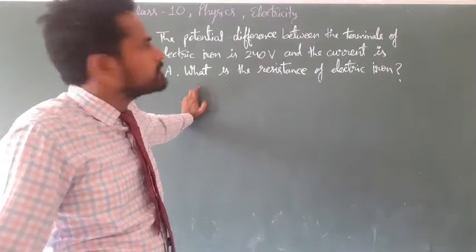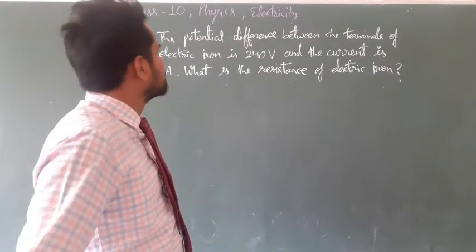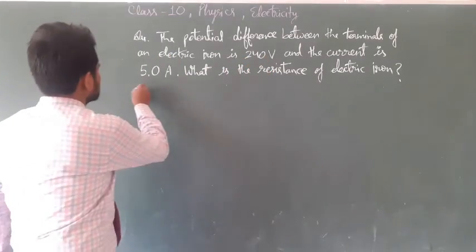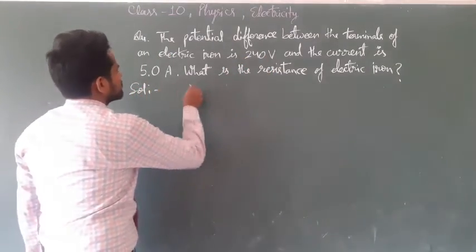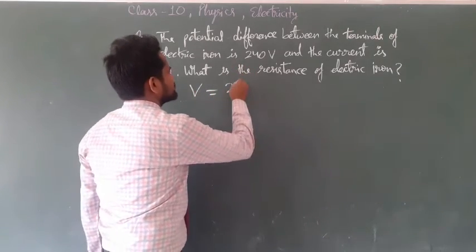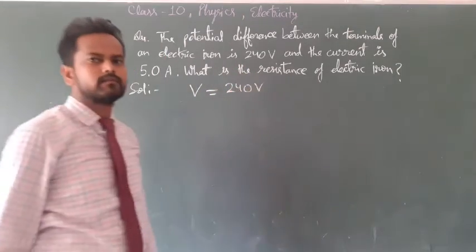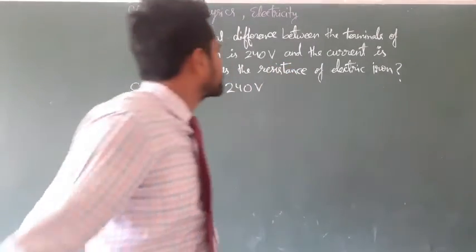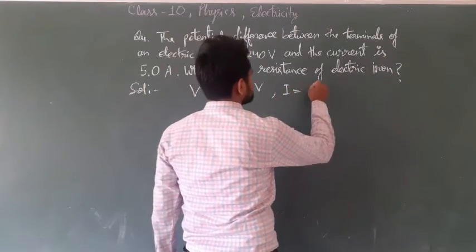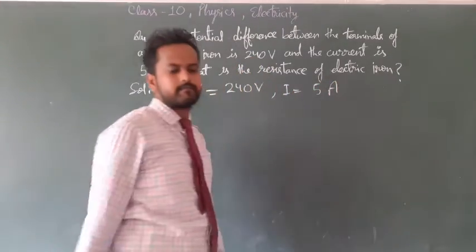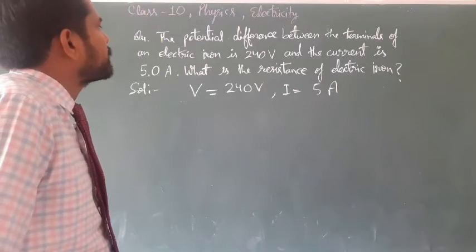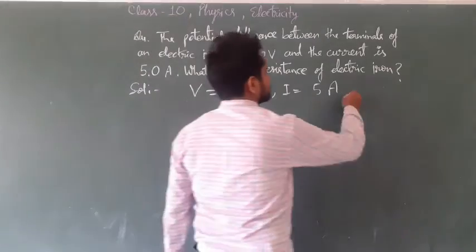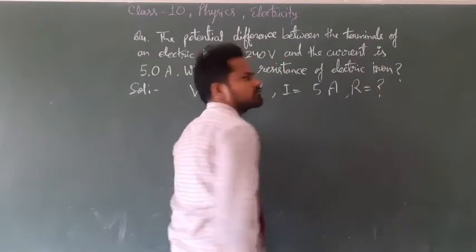In this question it is given that the potential difference between the terminals of an electric iron is 240 volt, and the current is 5.0 ampere. Now, what you have to find out? You have to find out the resistance of the electric iron. It means R is equal to question mark.